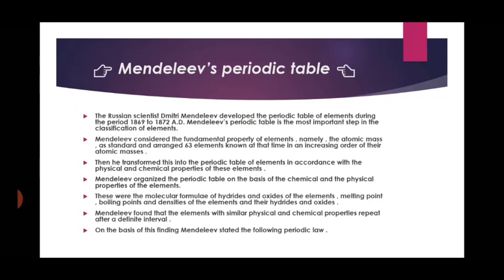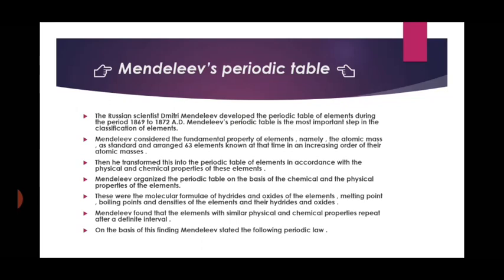Now come to the new topic: Mendeleev's periodic table. Mendeleev was a Russian scientist. In the period 1869 to 1872 AD, Mendeleev's periodic table was one of the most important steps in the classification of the elements.